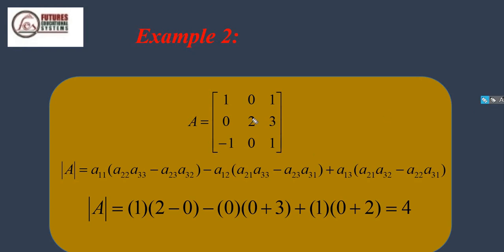It gives the same result if I choose this column. Now start from 1, hide this row and this column. 2 by 1 minus 3 by 0 equals 2.